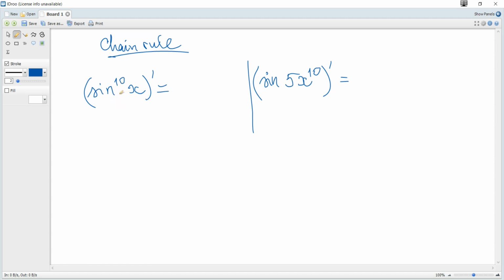When there is a power, you should apply the rule for the derivative of x to the power of 10, because here we have power of 10.